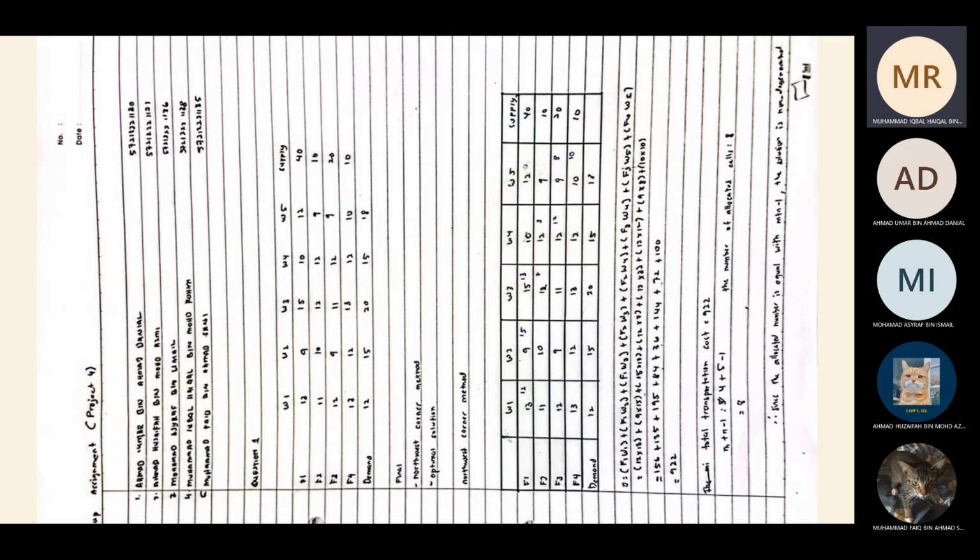For the first one, we create the table first, then we fill the information in the table. Next, we total up all the calculations, then we get the total transportation cost, which is 922.